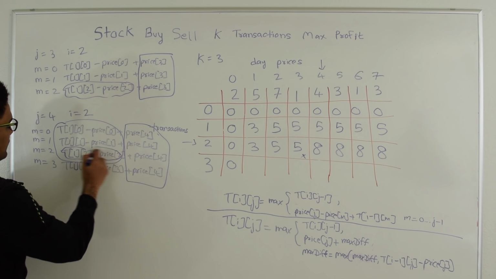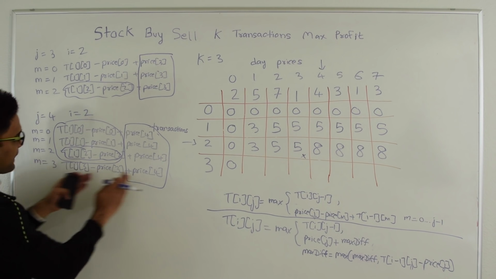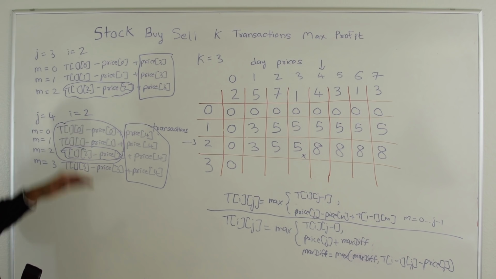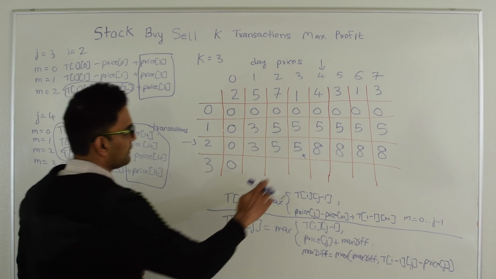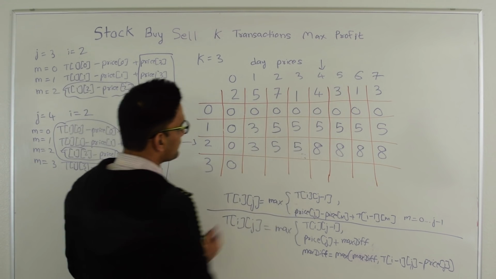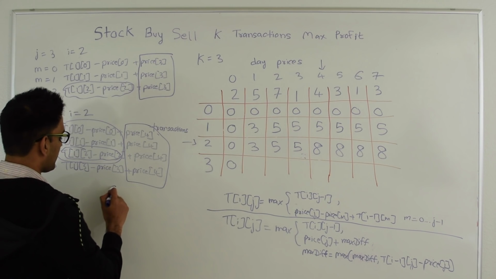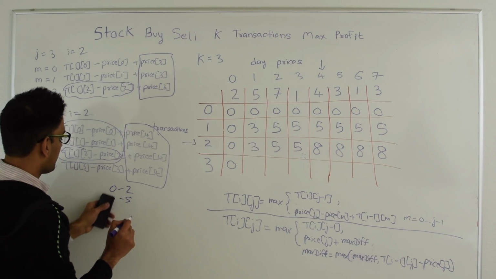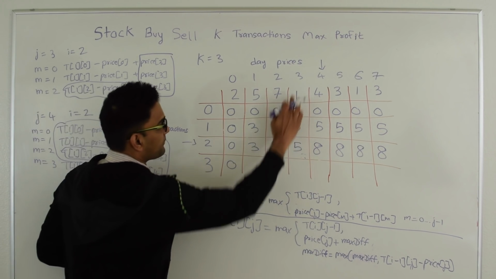So among these three, this is the max, and then we check this with this and find the new max and add that max to the price 4, we could have directly gotten the best we can do with j4, i2 without looking back at all the values here. So looking at this example here, for day 4 and 2 transactions, to get this 8, what I would be looking for is the difference from 0 to 2, so 0 minus 2, or the difference 3 minus 5, or the difference 5 minus 7, or the difference 5 minus 1.